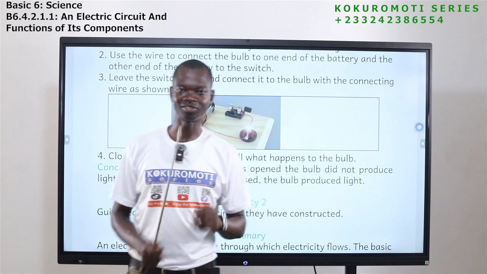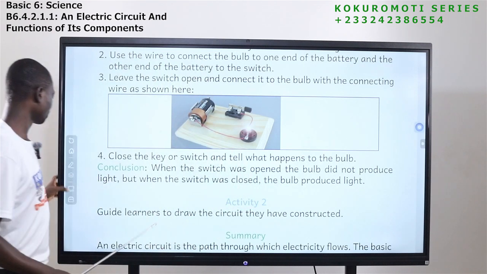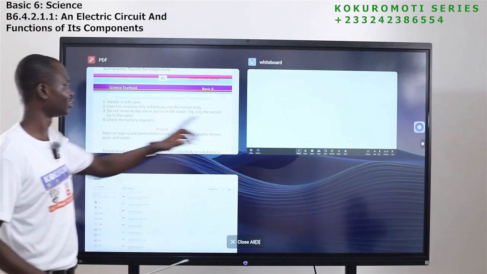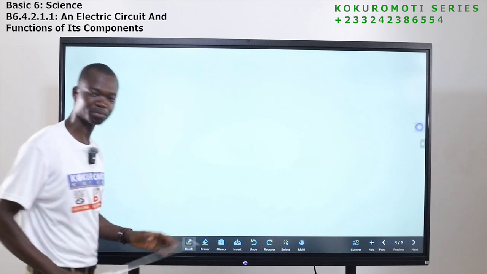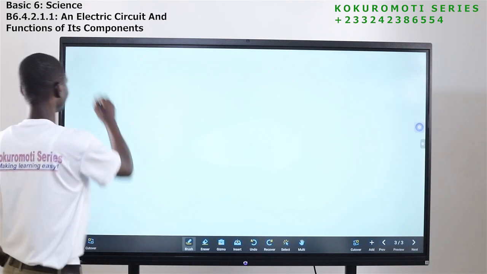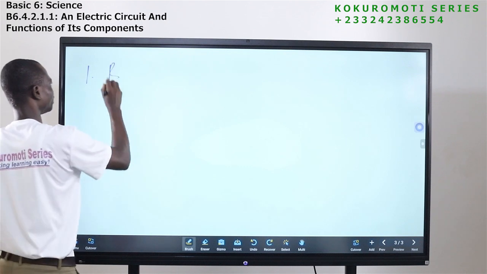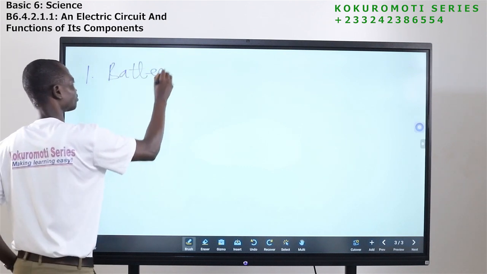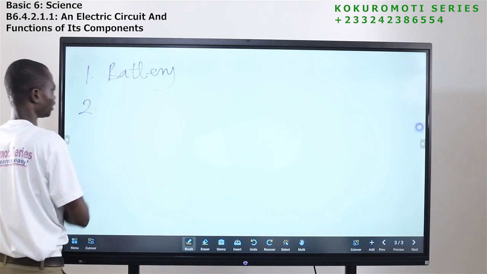Now let's go to the board once again and let me show you something. If you are asked to draw a simple electric circuit and show the components, these are the components. The components are battery. I hope you know the function of battery in a circuit.